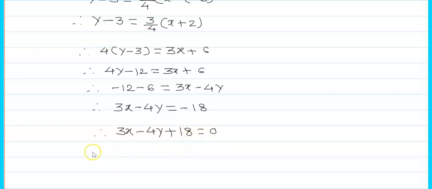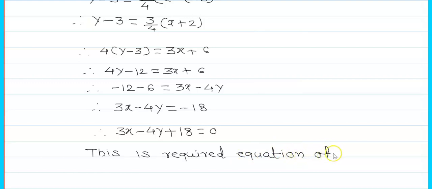Okay, this is the required equation of the line.